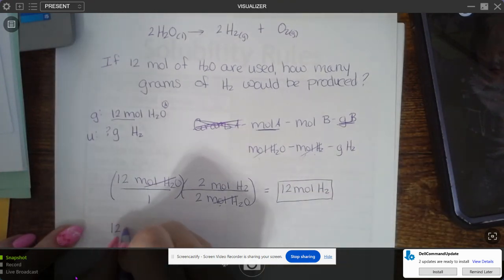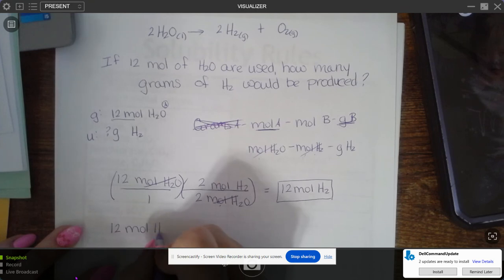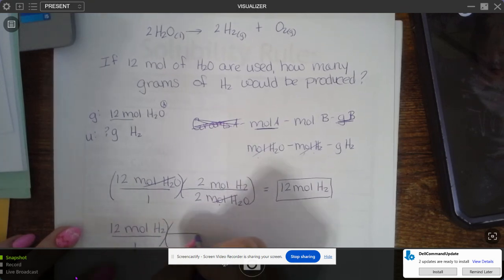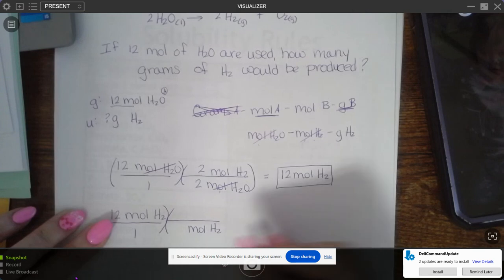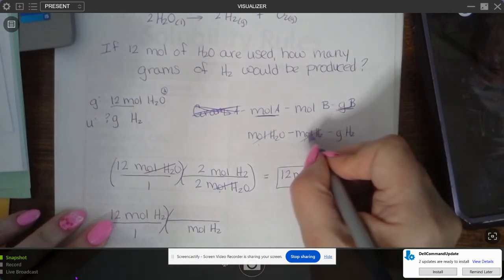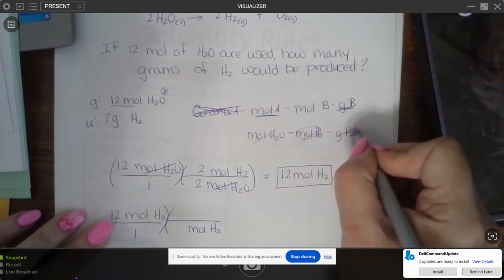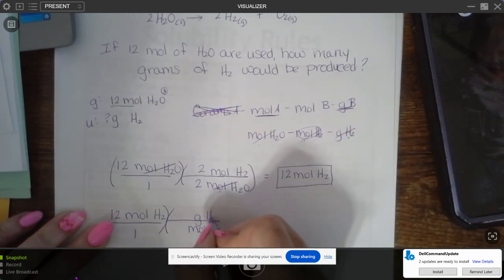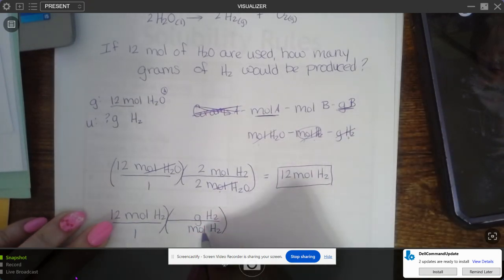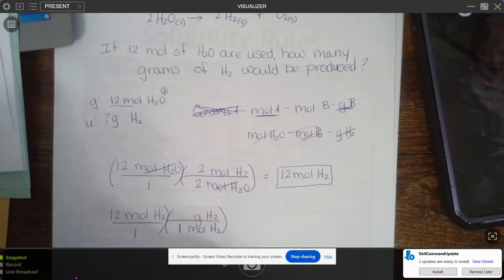Then I'm going to go 12 moles of H2. On the bottom, I'm going to have moles of H2. All right. And then up here on the top, see where I'm going? I'm at moles of H2. Next stop is grams of H2. And if I have moles and grams, I know that 1 mole is equal to the molar mass.